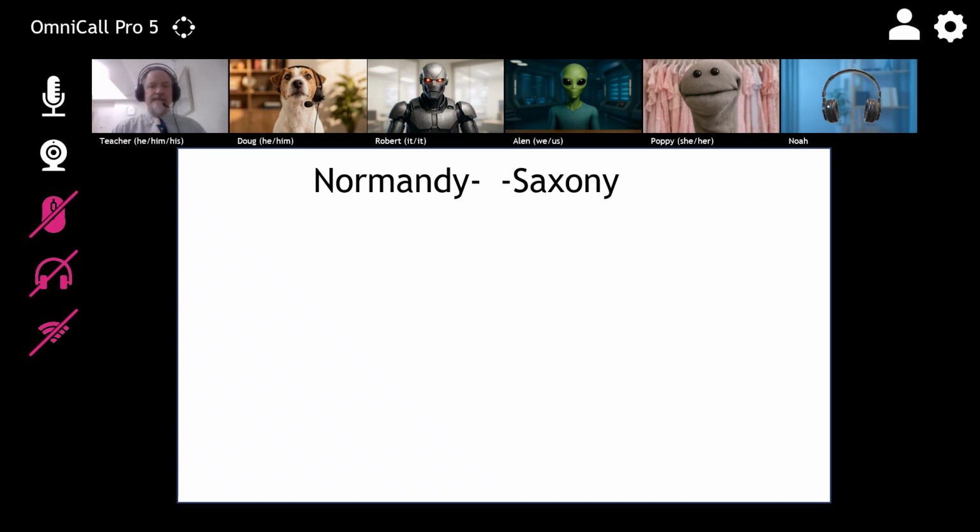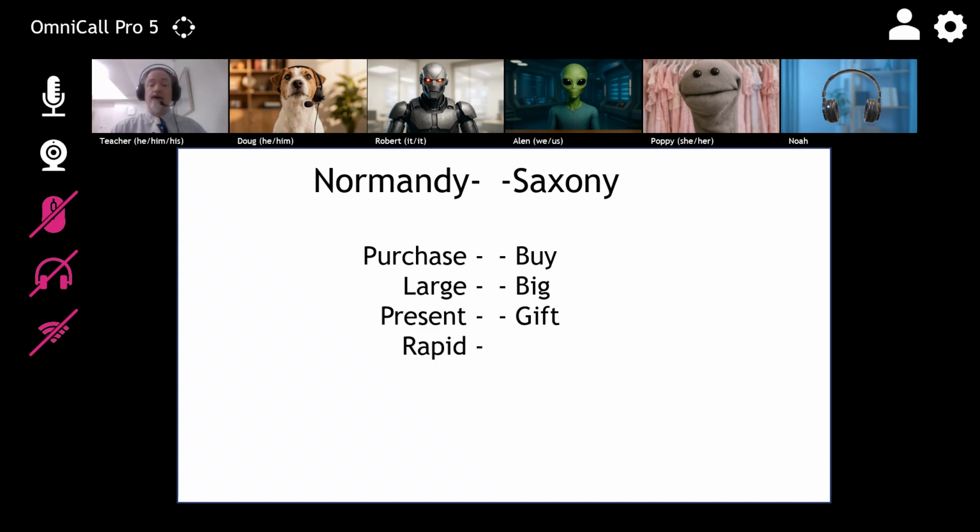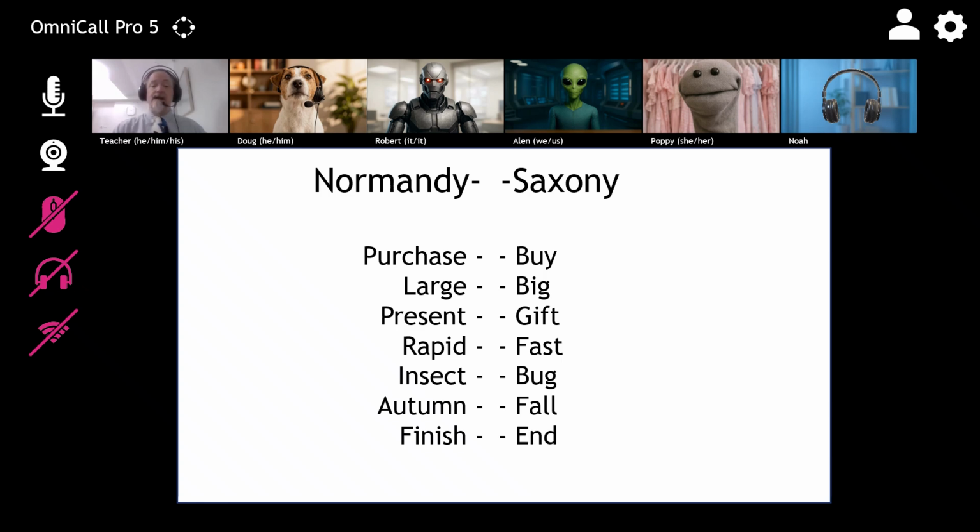More examples. So we have purchase, buy, large, big, present, gift, rapid, fast, insect, bug, autumn, fall, finish, end.